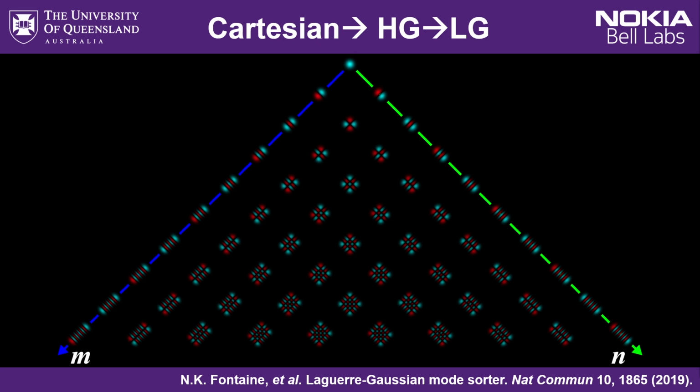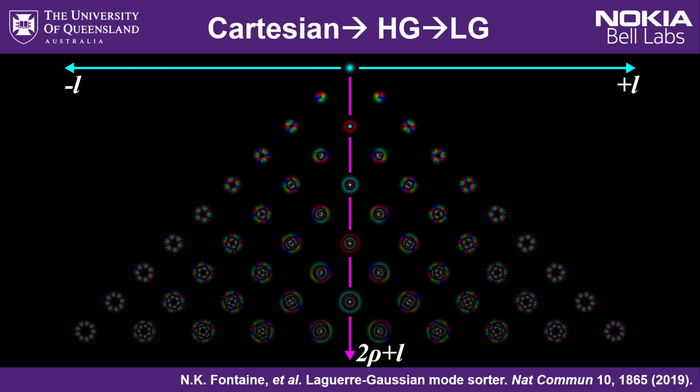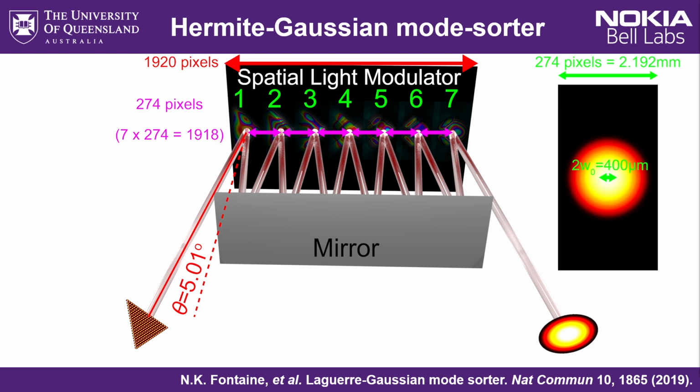And once you're in the Hermite-Gaussian basis, you can transform into the Laguerre-Gaussian basis using two cylindrical lenses. With that approach, examples of 210 and 325 modes were demonstrated using just 7 planes, implemented on a single SLM. So the number of planes scales more like the square root of n now rather than n.